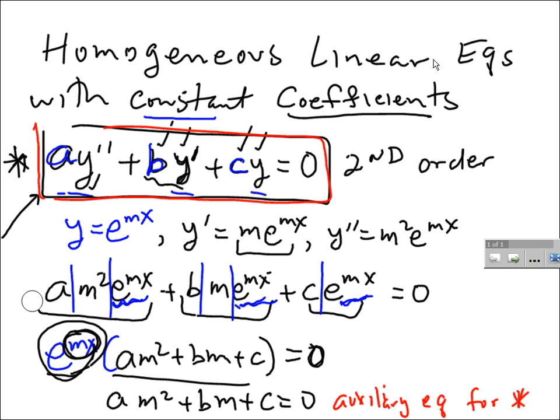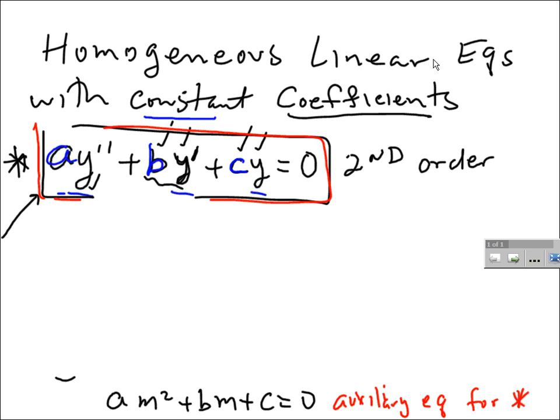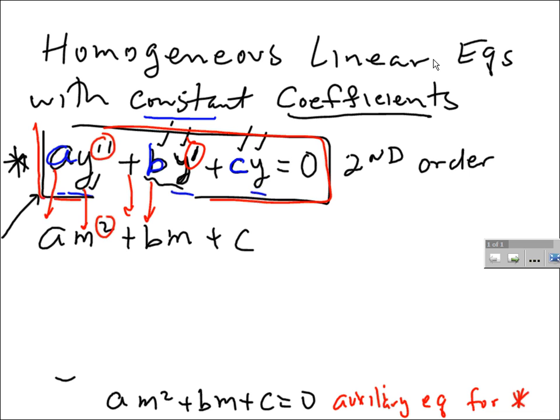Now, how can we have gotten there a little bit more quickly? Let's just get rid of our side work and let's look at how we can get there quickly. Well, you have a, and since you have two primes, you have m to the second. Plus you have b. Since you have one prime, you have an understood m to the 1. You don't have to write the 1.